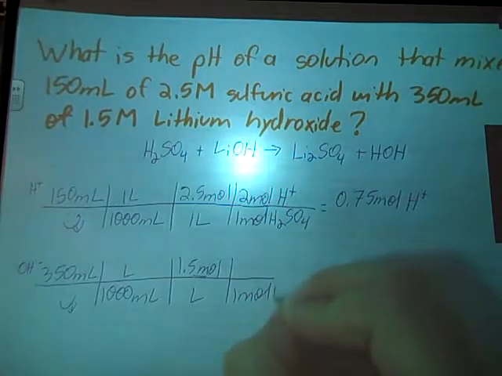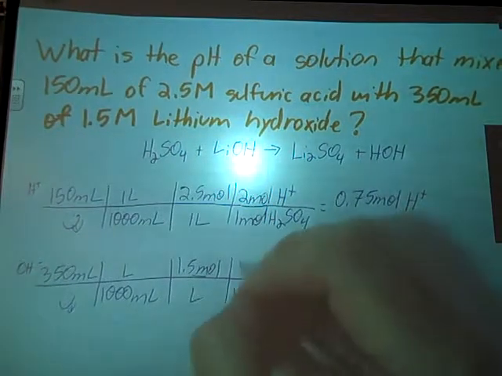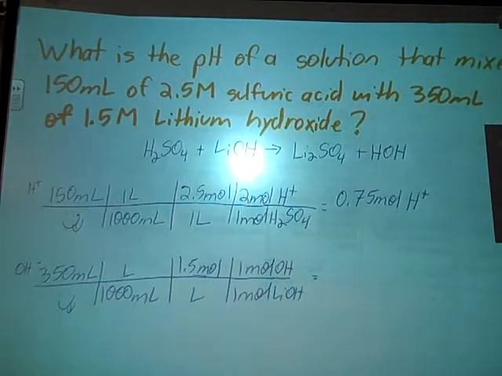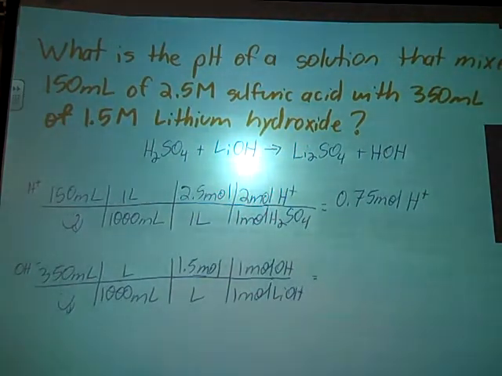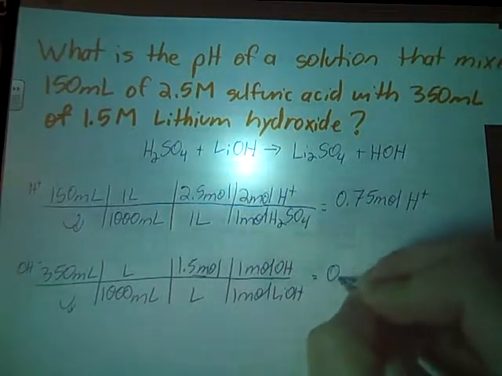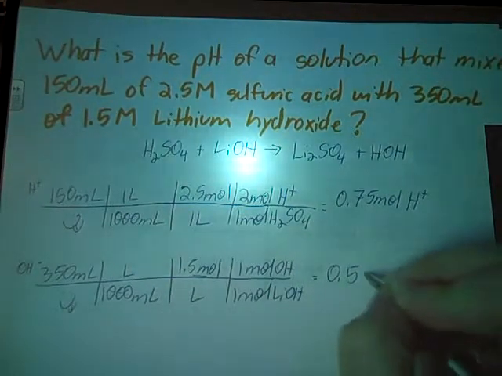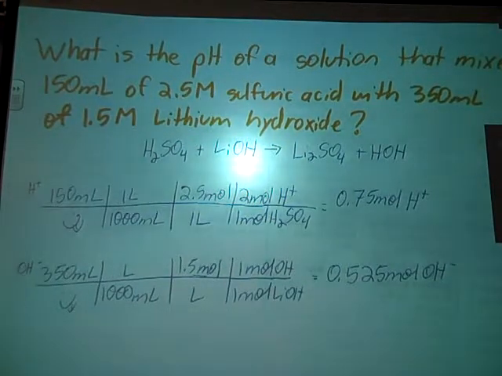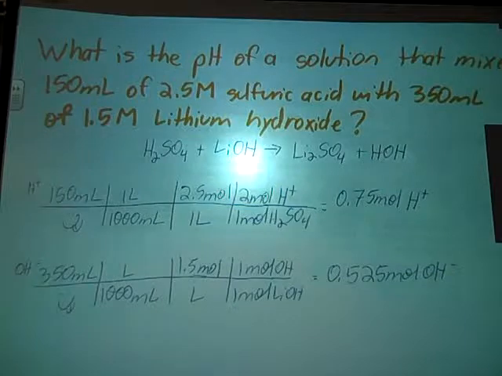This one's nice and easy because 1 mole of lithium hydroxide has 1 mole of hydroxide. So multiply across the top, divide by across the bottom, and we find out that we have 0.525 moles of hydroxide floating around in solution.